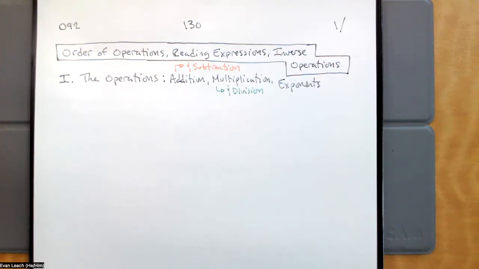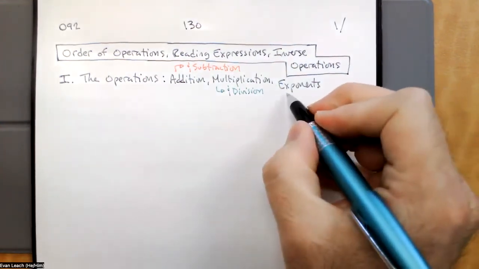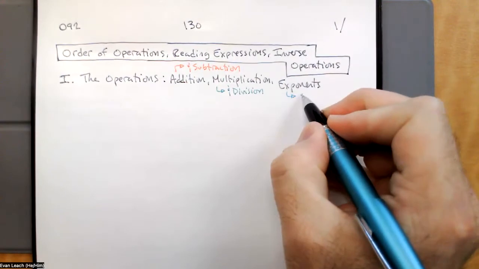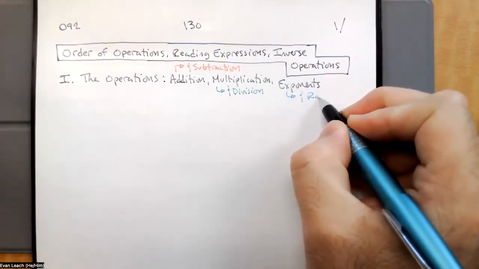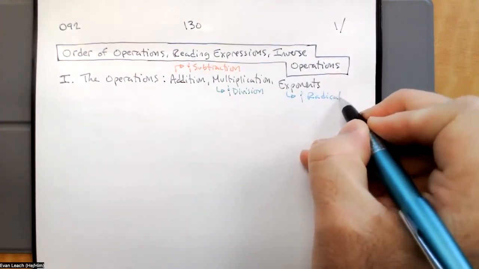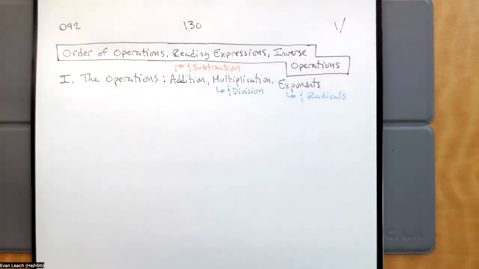Radicals go with exponents. So radicals are just exponents. So here are the three big operations: addition, multiplication, and exponents.